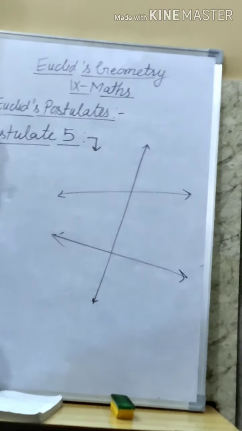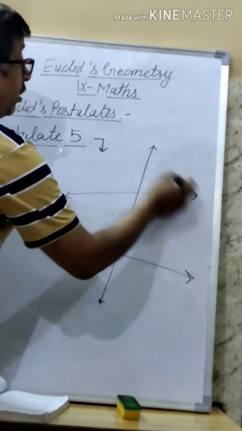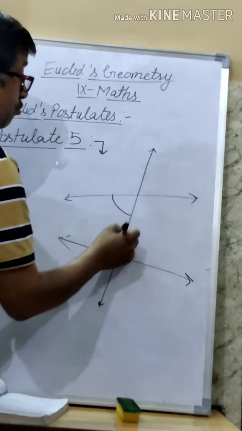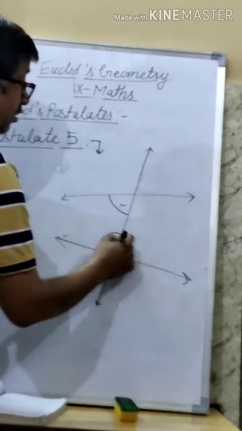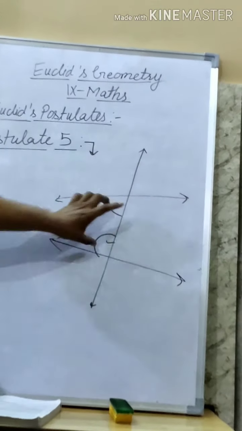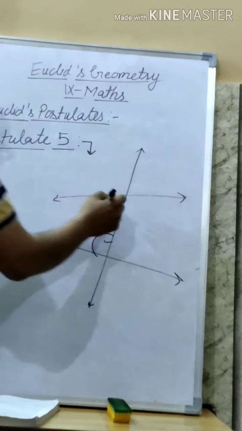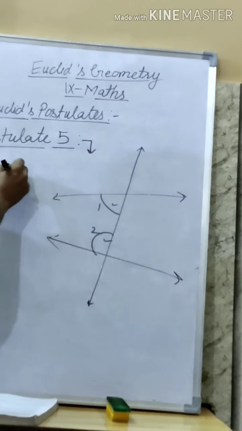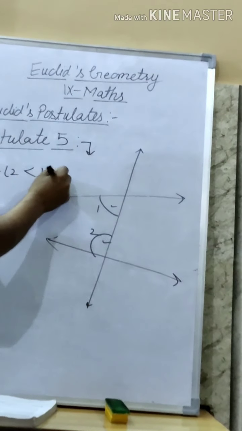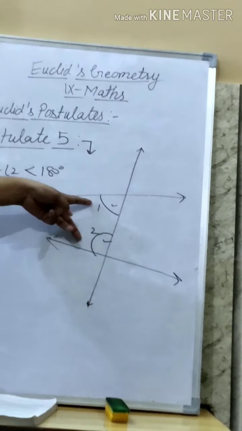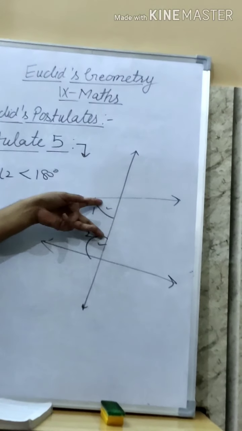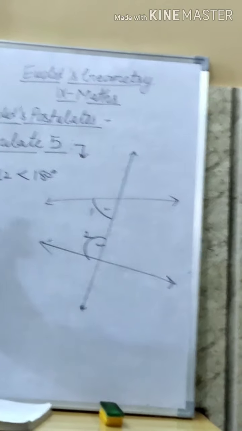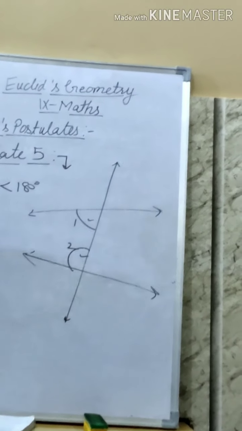You see these two lines and one transversal. If these two interior angles, angle 1 and angle 2, have a sum less than 180 degrees, then on that side the lines will intersect.